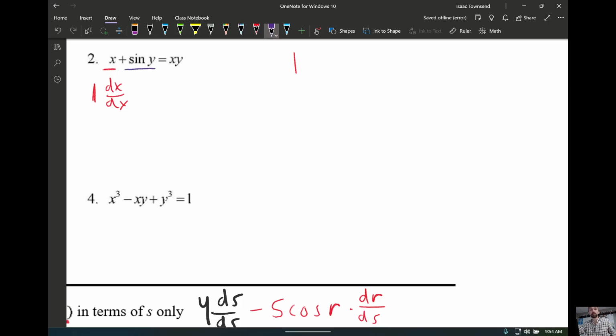Where it's important to keep up is here, because the derivative of sine something is cosine something, but this time we're taking the derivative of y things. So we took the derivative of y with respect to x, and dy/dx is probably not 1.